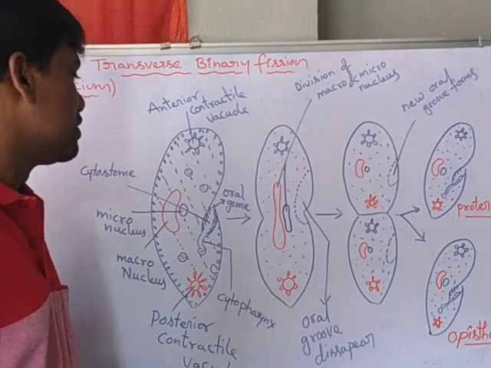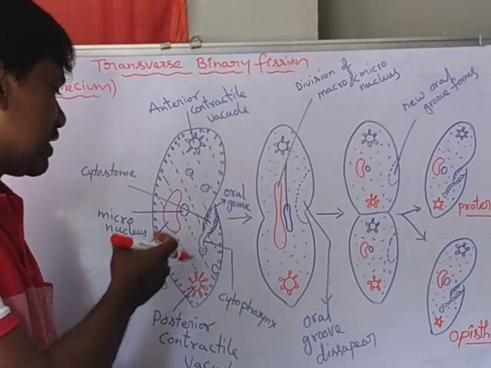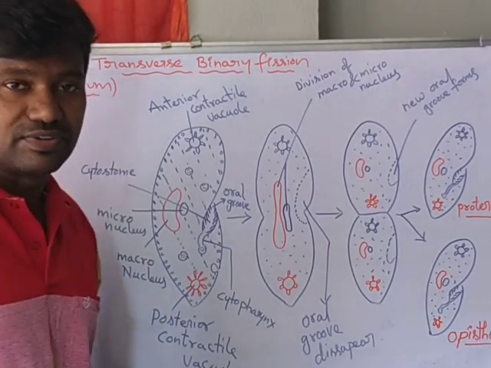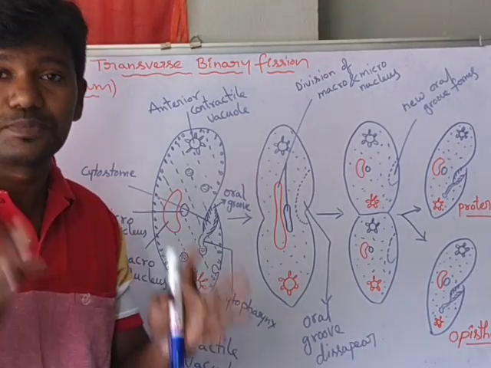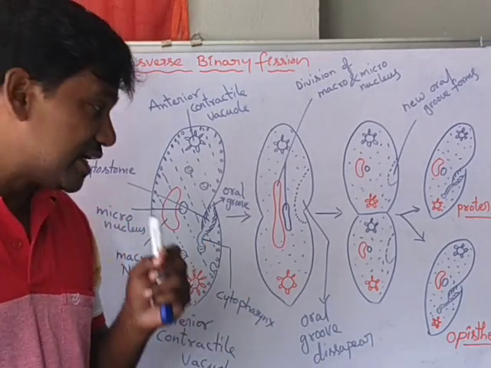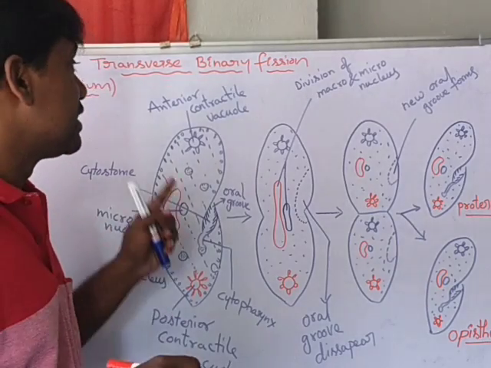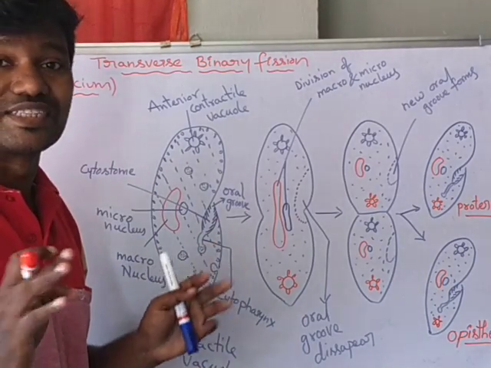Here we see what happens first when it undergoes transverse binary fission. First it stops feeding. During favorable conditions only, paramecium undergoes transverse binary fission.